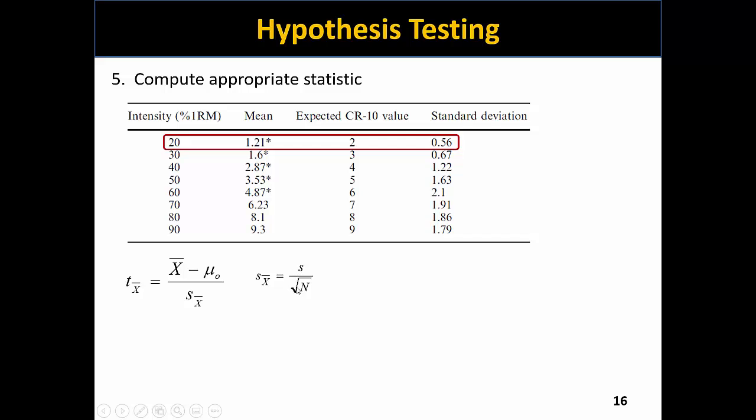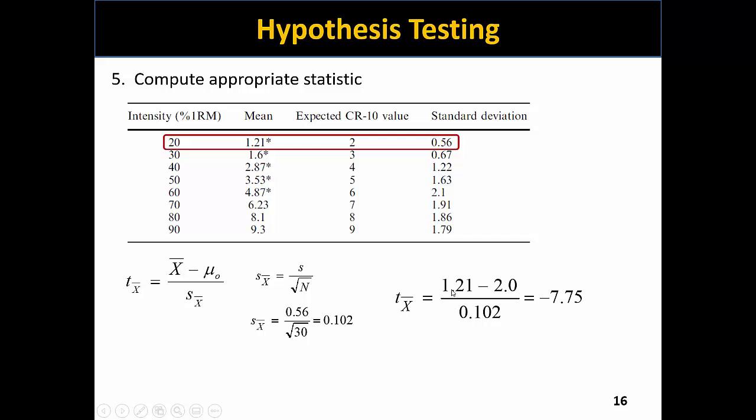So we just divide it by the square root of the sample size. We have our standard deviation, which was one of the first things that was calculated, at 0.56. We have a sample size of 30. And so we end up with a standard error of the mean of 0.102.